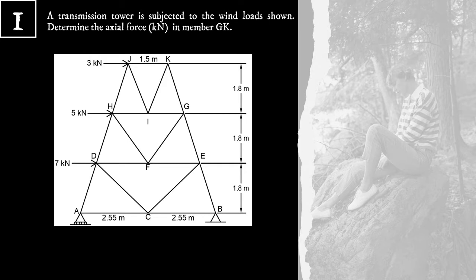How are we going to cut the truss in order for us to solve force GK? We're going to cut the truss this way, and call this plane AA.